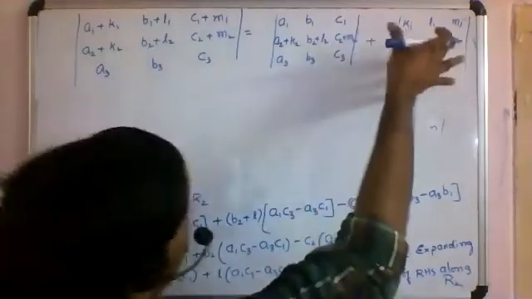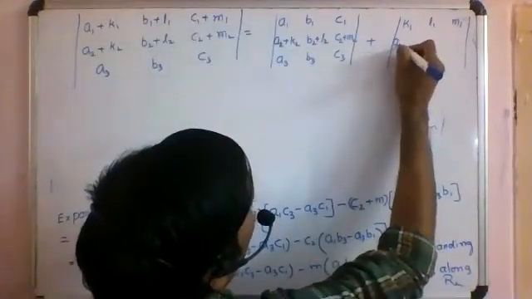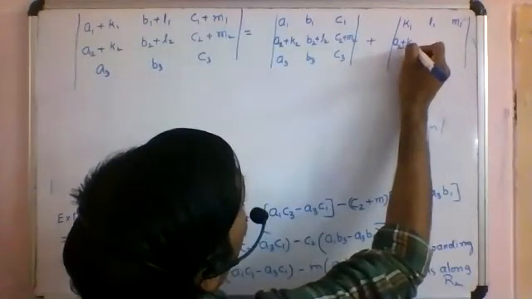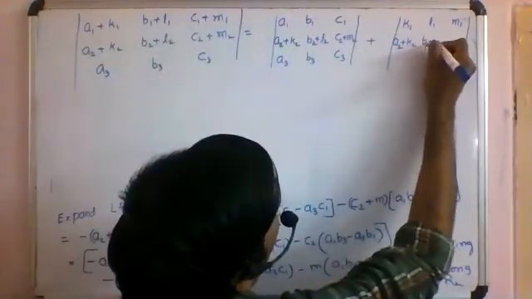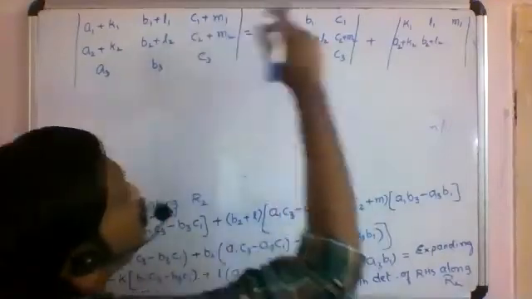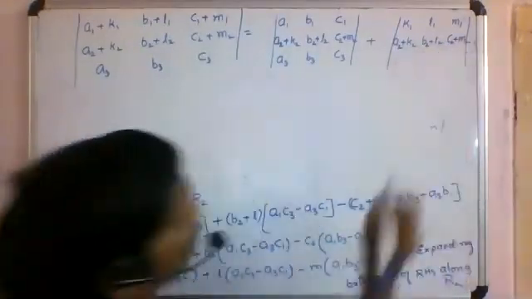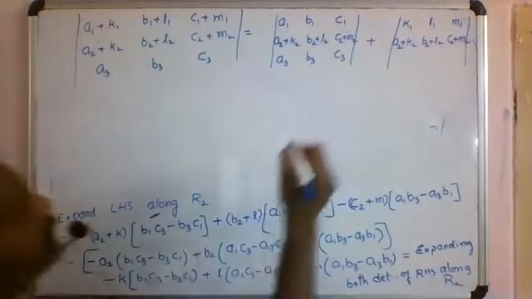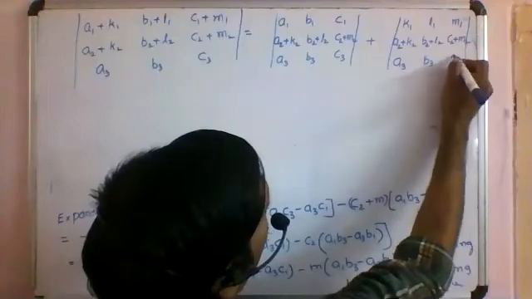Here also, second row, third row elements should be kept as it is: A2 plus K2, B2 plus L2, C2 plus M2. And third row also as it is, A3, B3, C3.